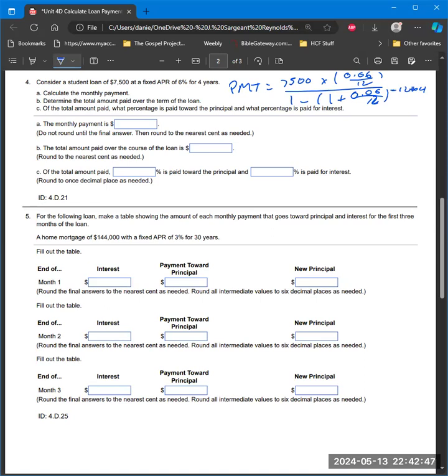So this is 7,500 times 0.06 over 12, over 1 minus parentheses 1 plus 0.06 over 12, raised to the negative 12 times 4 power, which is 176.14.